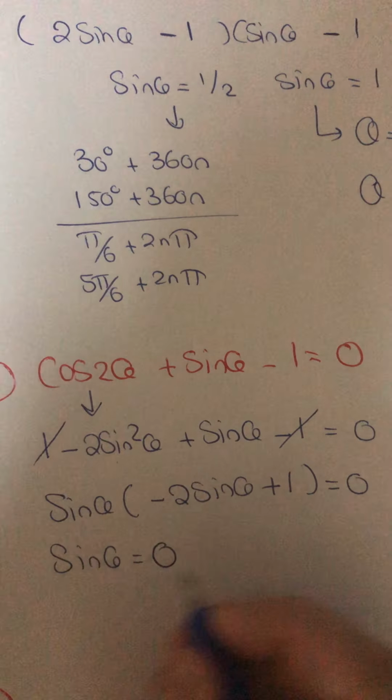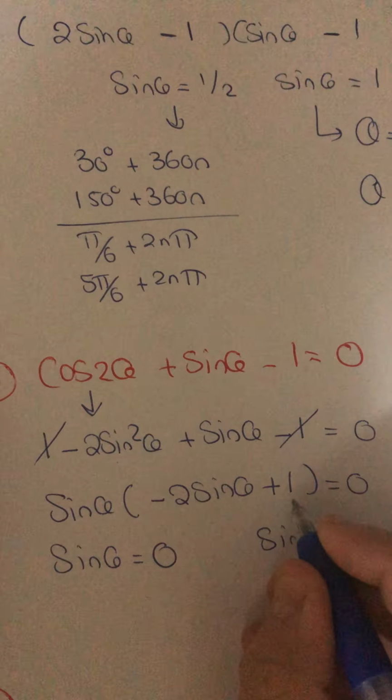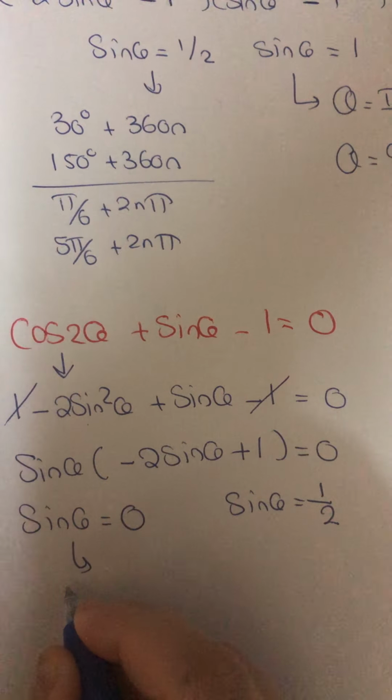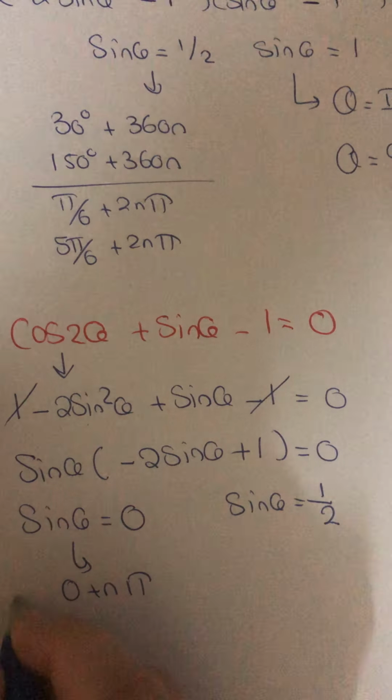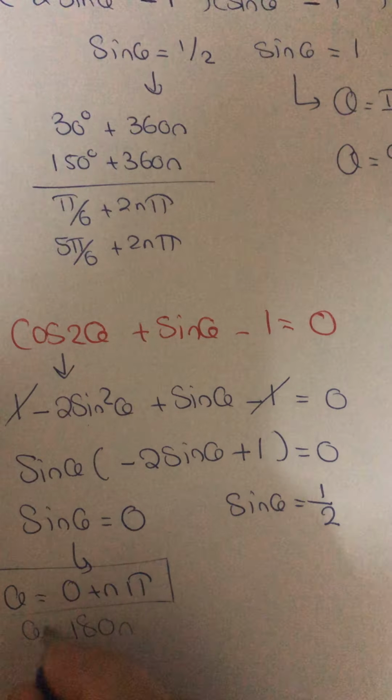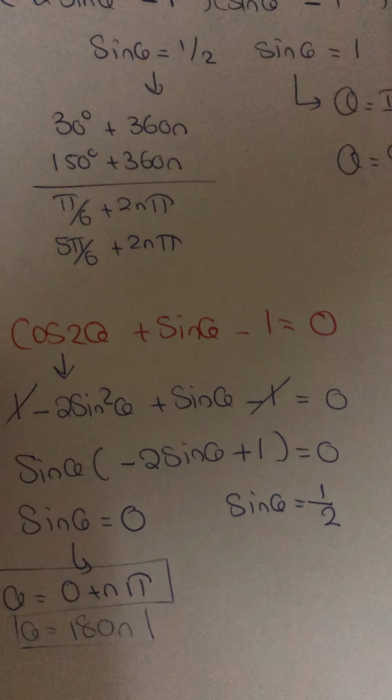Sine theta equals 0, or sine theta equals negative 1 over negative 2, which will be half. Sine theta is equal to 0 at 0 plus n pi, or you can just write n pi, or you can just write 180n. My pen is gone.